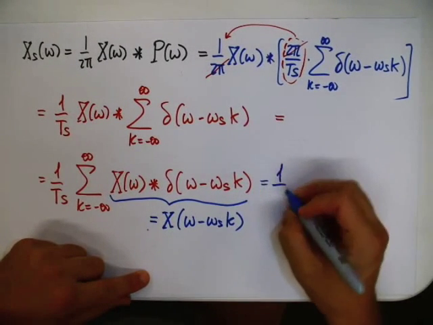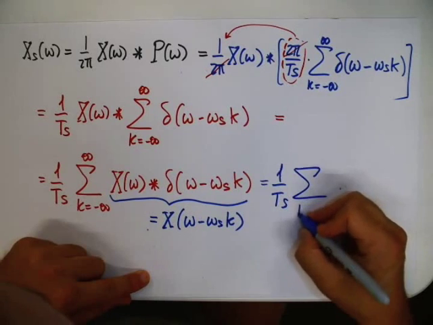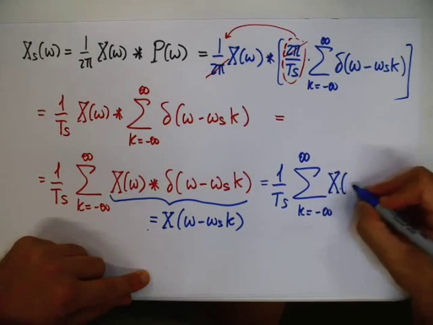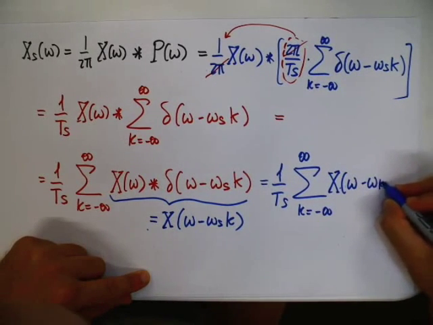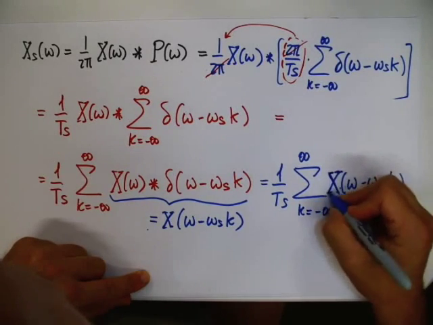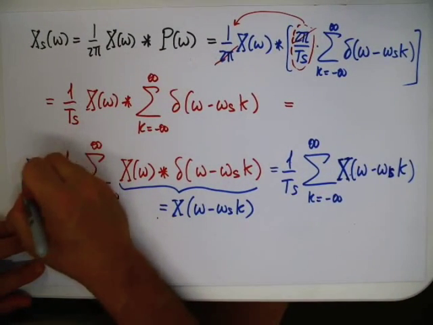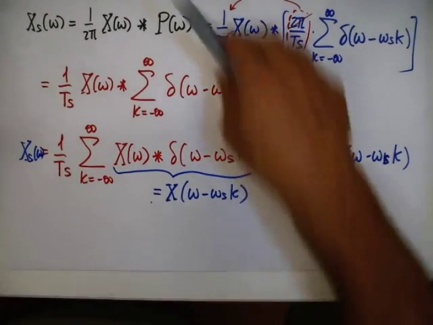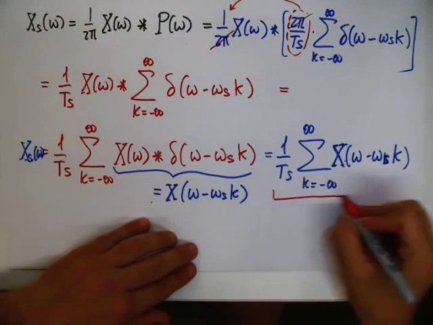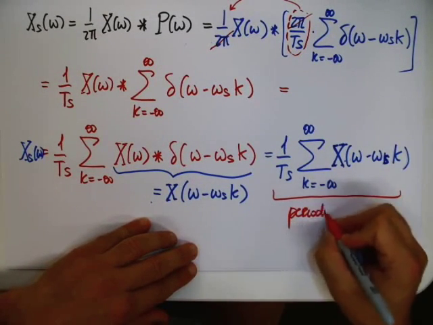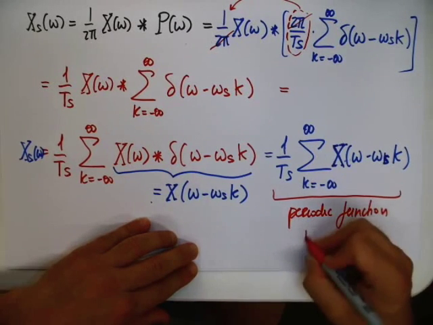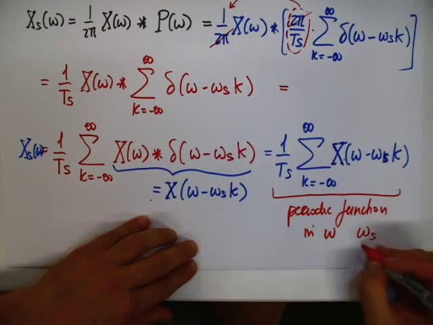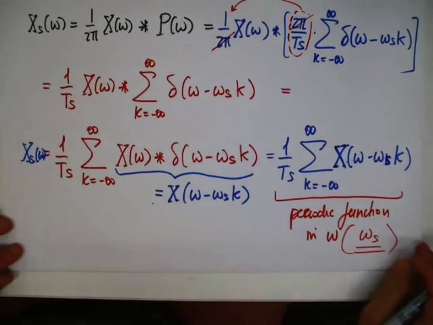So you see that the final result is that the Fourier transform of the Diractified signal, X_s of omega, is a periodic function, and the period is omega_s.